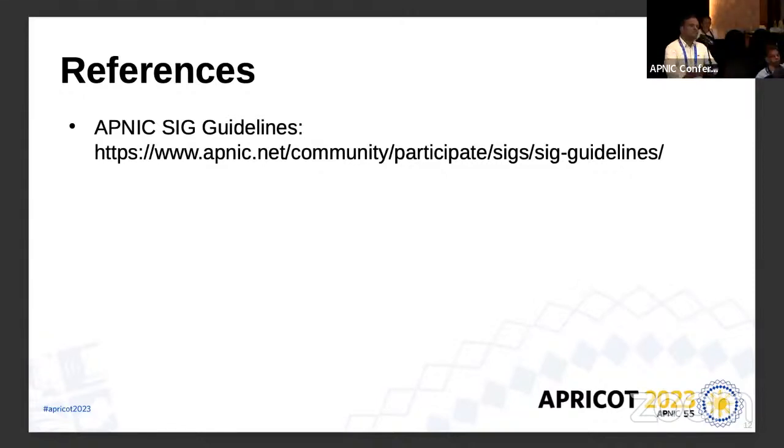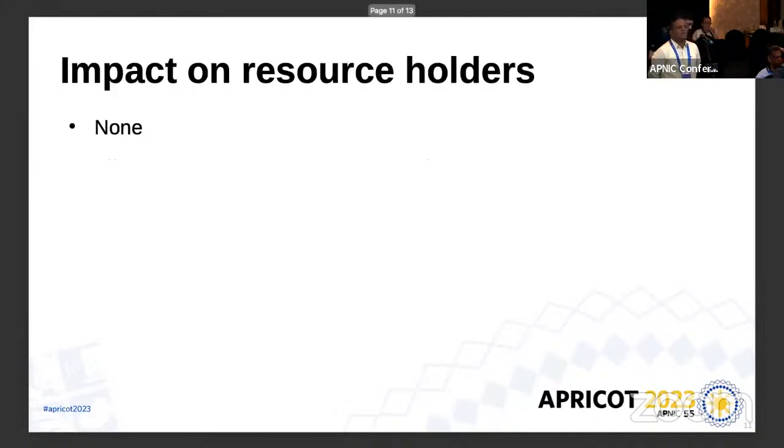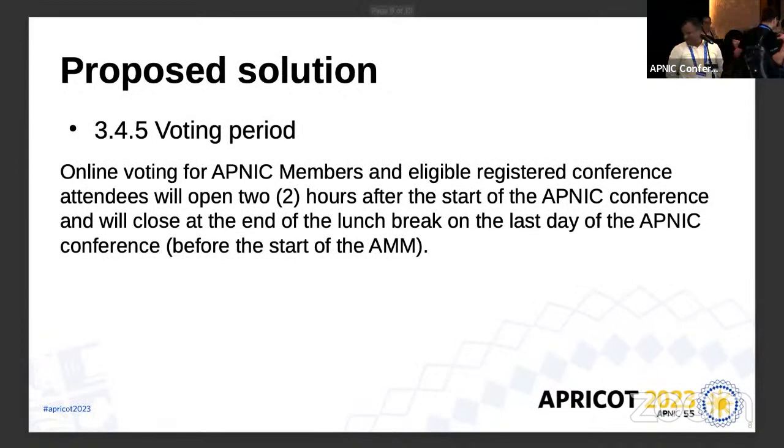Hi, Gaurav Kansal from National Informatics Center. So if you can go to point number 3.4.5. If we talk about elections in APNIC, we used to have three types of elections: EC, NRO, and SIG. The EC election is generally held at APRICOT, and at the September event we used to have NRO and SIG.